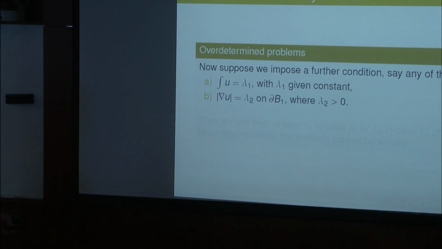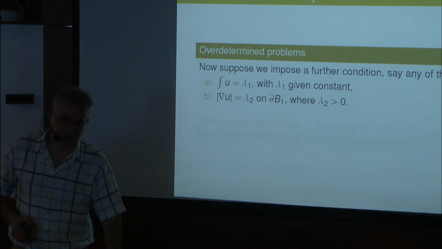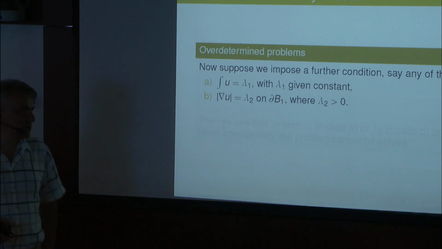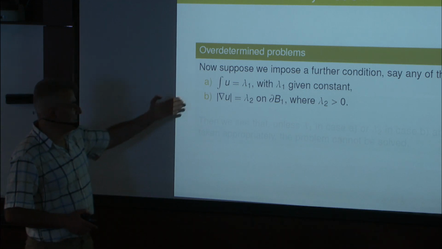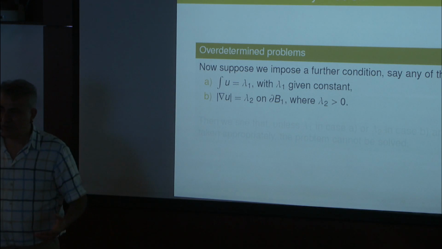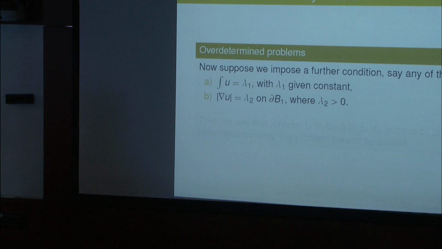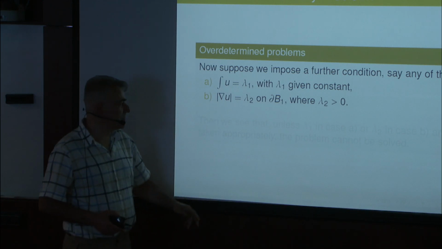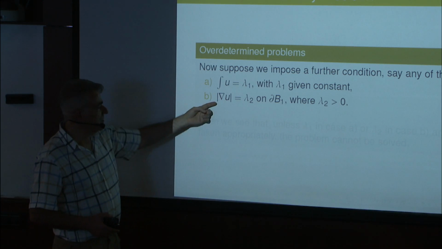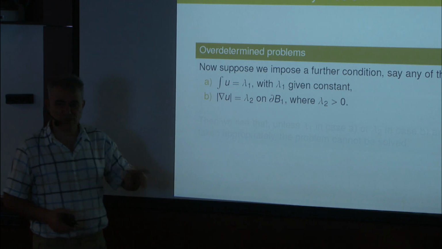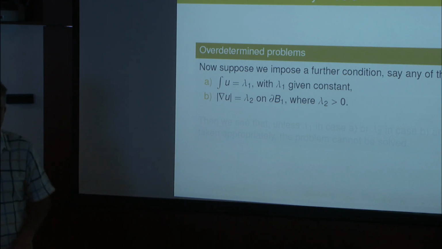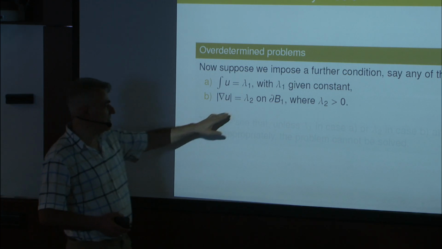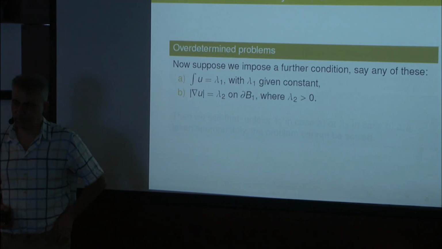But now I'm adding one extra parameter to this. I'm saying, okay, I want my solution u to also have, let's say, one of these: that the total mass of my experiment, whatever it is, the integral of u over the whole domain, should be lambda 1, or that the norm of the gradient should be a given constant, lambda 2, on the boundary.